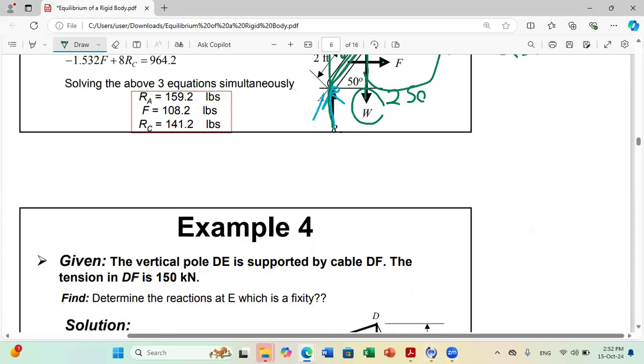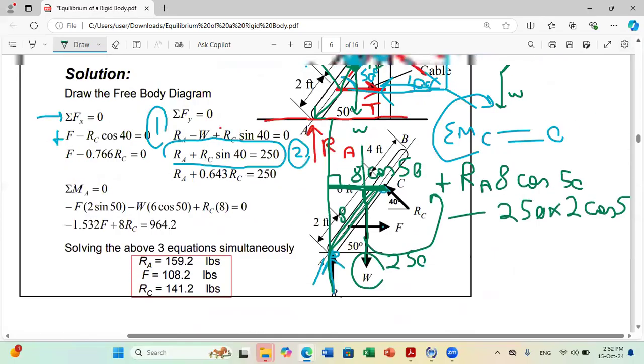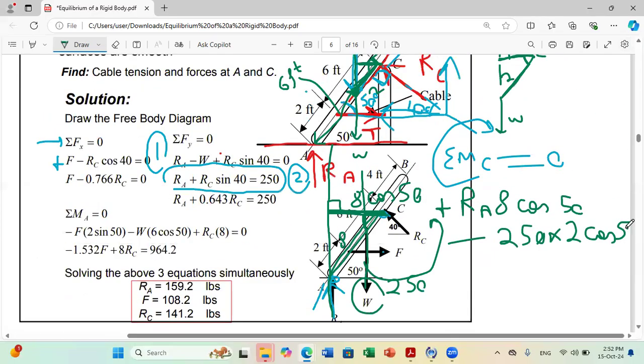Finally, you still have to consider the moment of F about C. C will not produce any moment because its line of action passes by C, but you still need to consider the moment of F. Same method: you elongate your force.